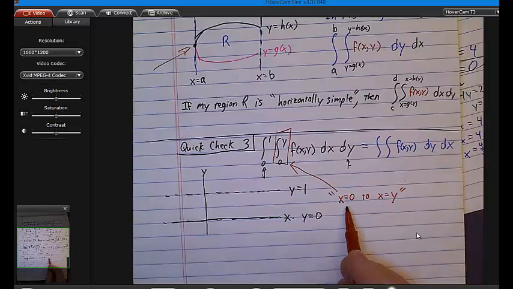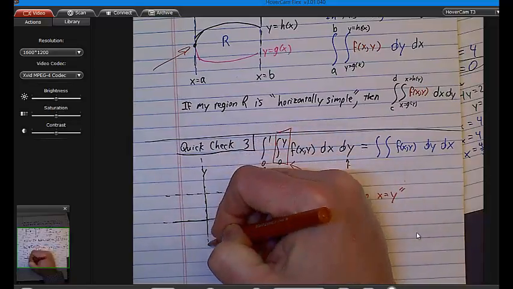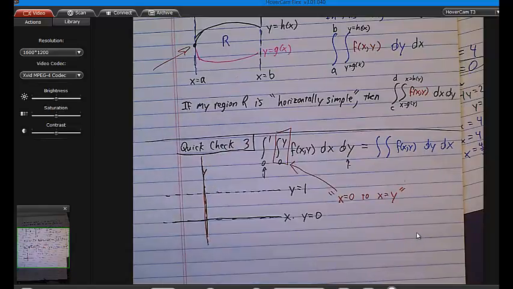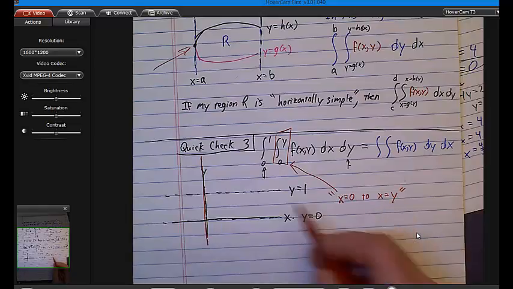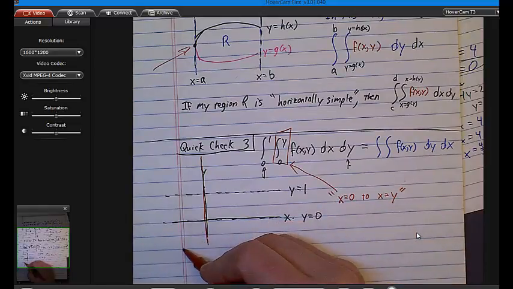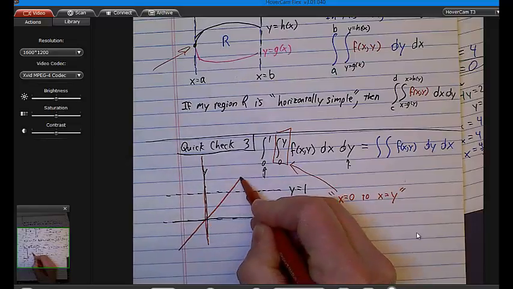Do you guys know what x equals 0 looks like? I hope so. Sure, that's the y-axis, right? X equals 0 is this line here. Do we know what x equals y looks like? Yeah, but I don't usually call it that. I usually call it the line what? Y equals x, right? So here is the other line.